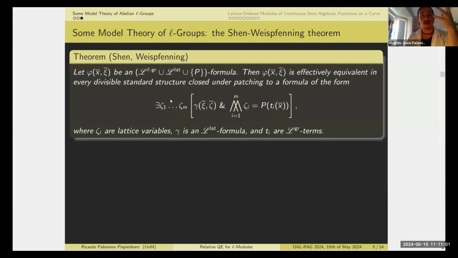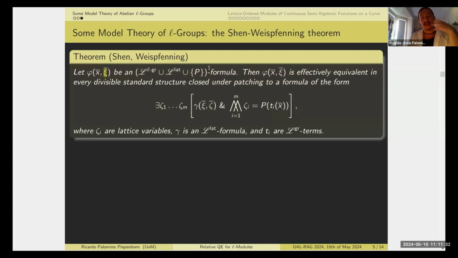So we have an abelian L group of functions, and we can consider it as a standard structure in the way that we've seen. So we now have a model theoretic structure, the standard structure, and I can consider properties of this structure, in particular formulas. So I pick an arbitrary formula phi in the language of standard structures, where I'm thinking of this x bar as free variables on the L group sort, and this psi bar as free variables in the lattice or space sort.